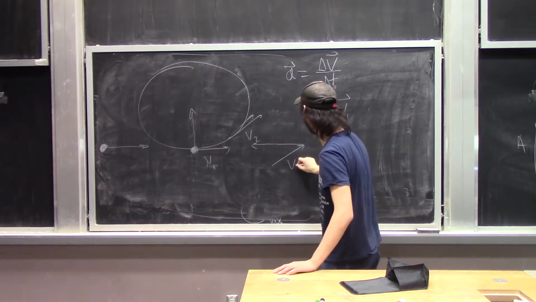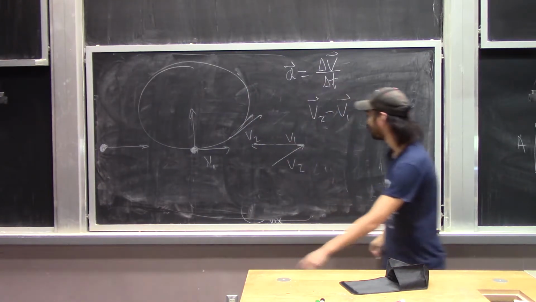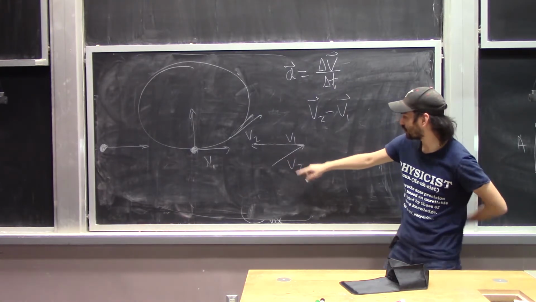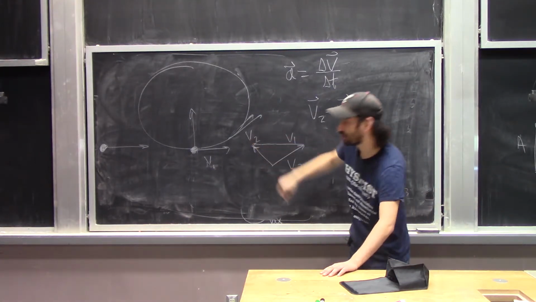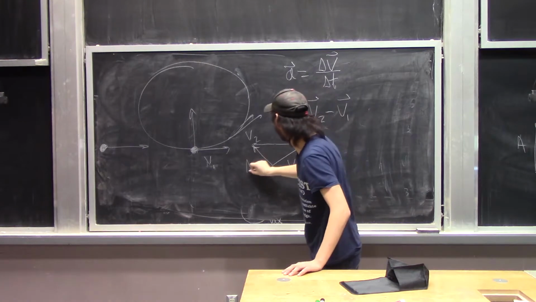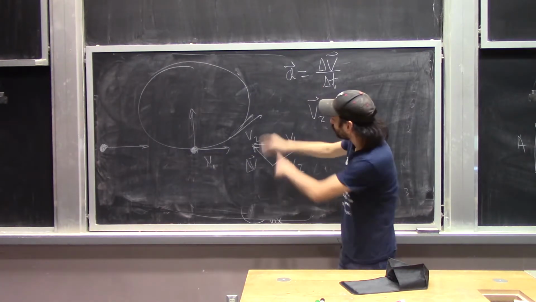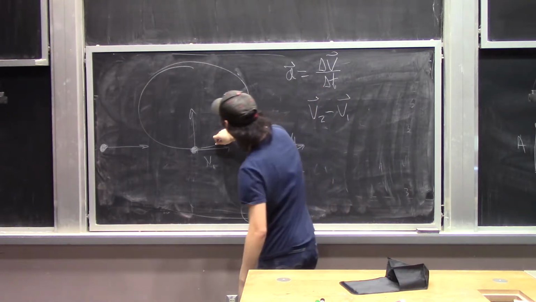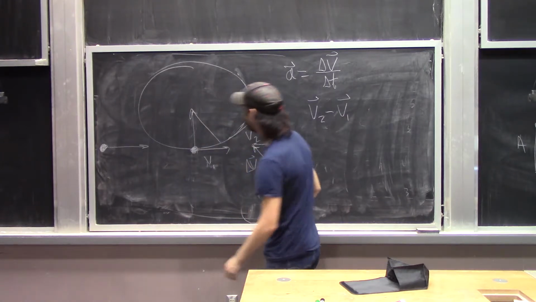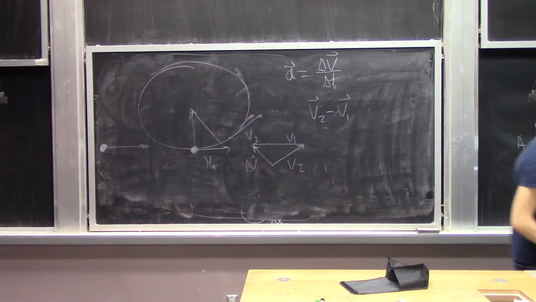Then the difference of these is going to give me something that points like this. So this is delta v. And between these two points, that tells us that this is pointing towards the center of the circle.